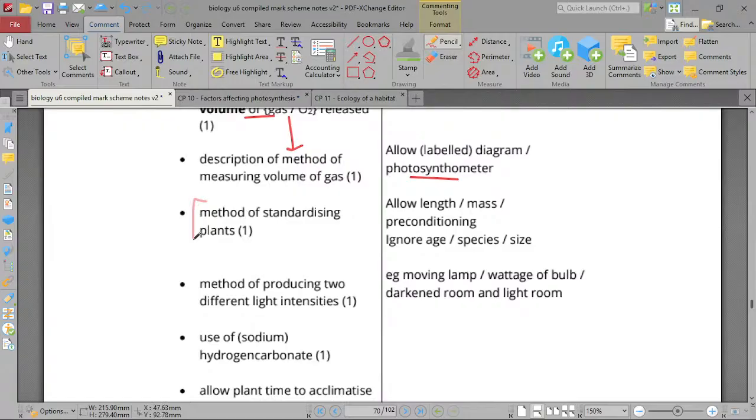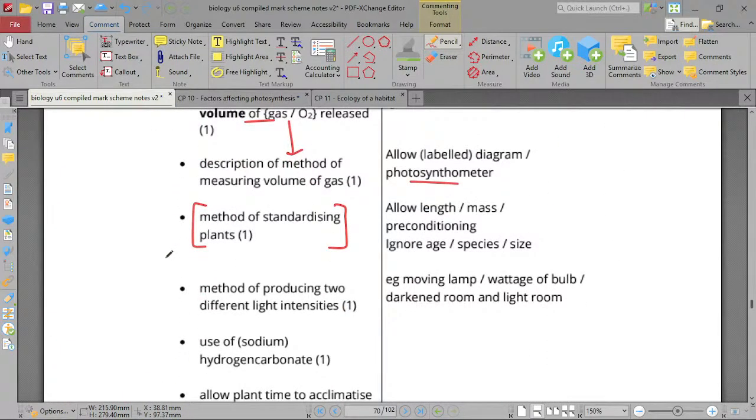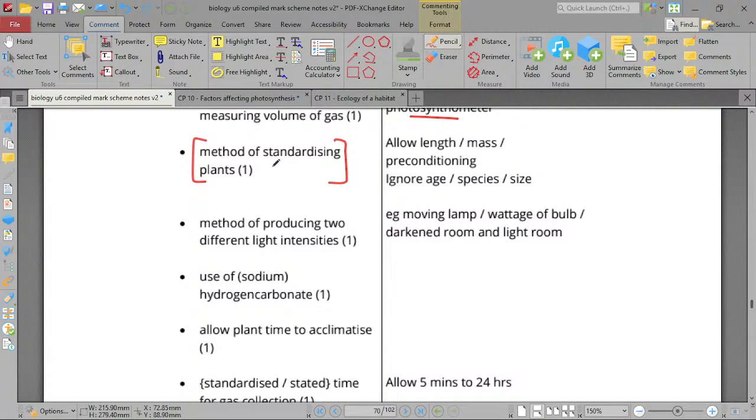Now, here's how we're going to standardize the plants. We already mentioned that one of the control variables is the length of the plant. How are we going to standardize the length of the plant? We're standardizing the plants by making them a constant length.